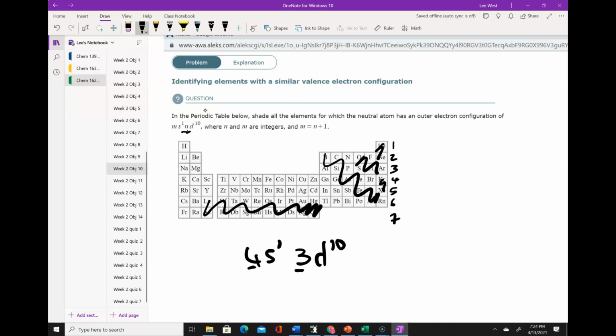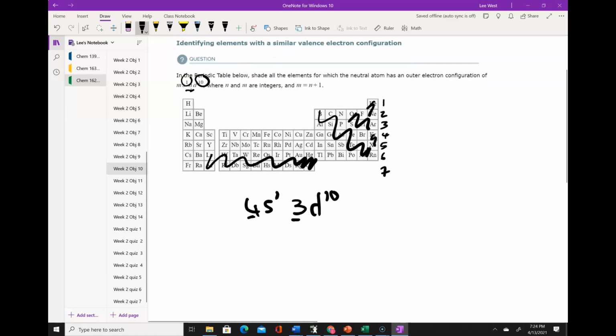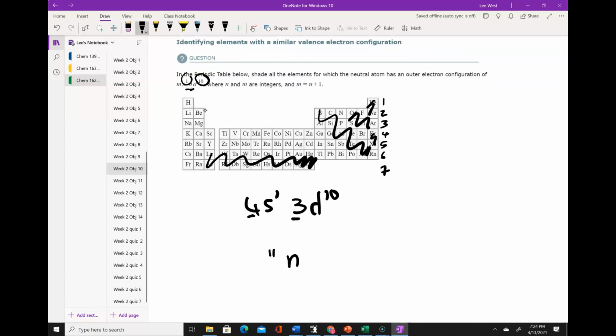They have to have only one s but 10 d's. And that's our group where we have the exception, isn't it? That's the copper group here, where they are all of the order of ns1 (n-1)d10.